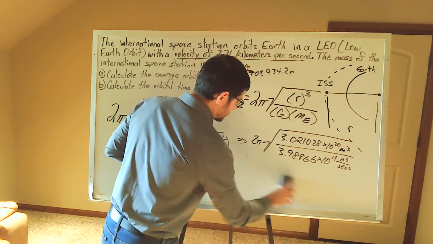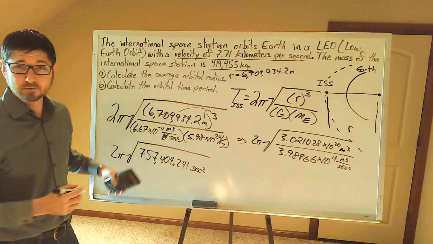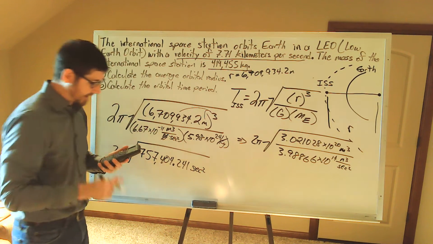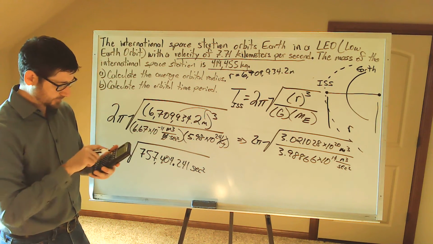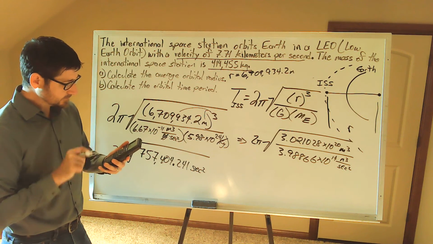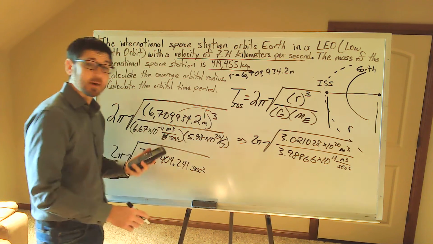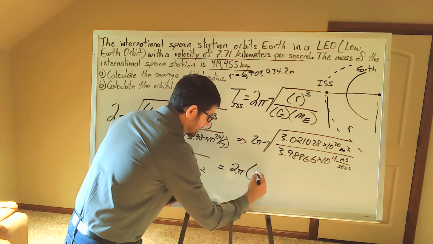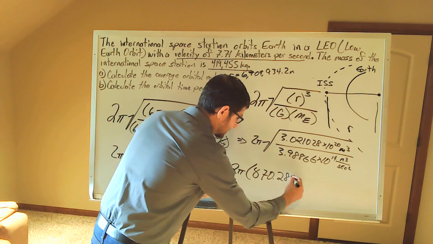Okay? Let's go ahead and take care of what's under our radical here. So we're going to take the square root of the numerical and the unit value. This is going to give me 870.289. So I have 2 pi times 870.289.